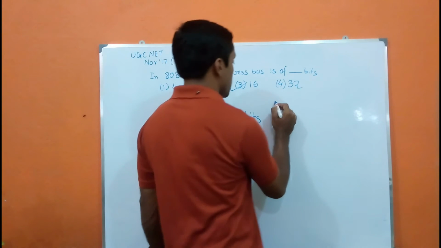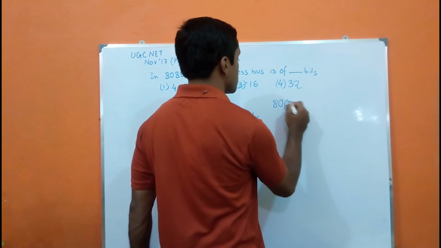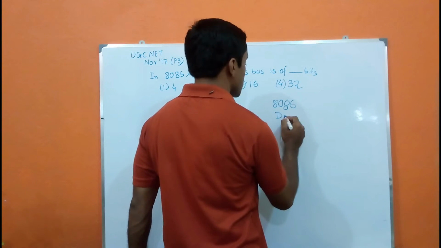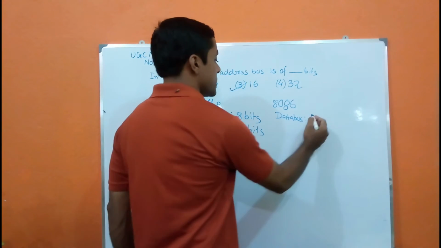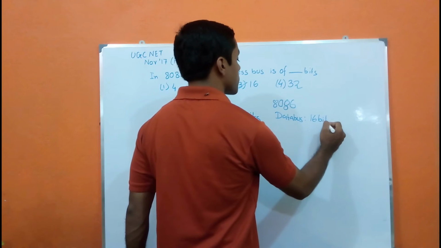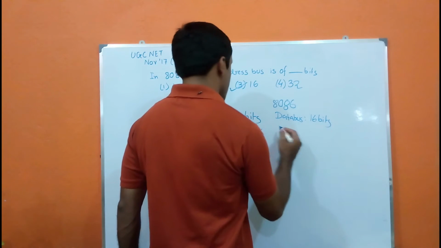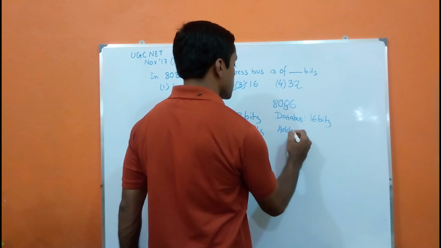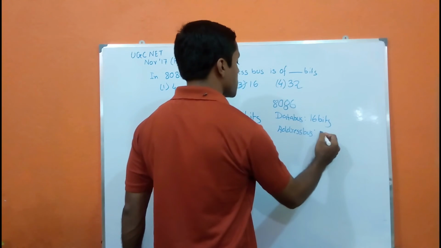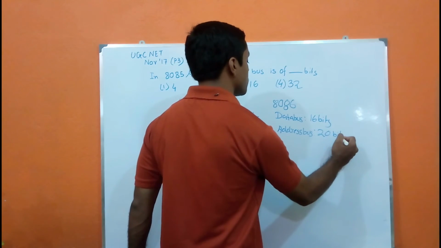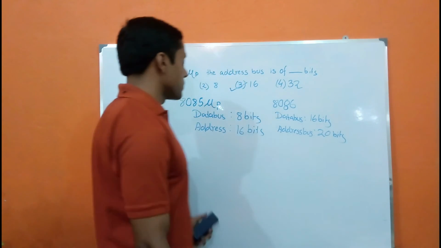Whereas in case of the 8086 microprocessor, the size of the data bus is 16 bits and the size of the address bus is 20 bits.